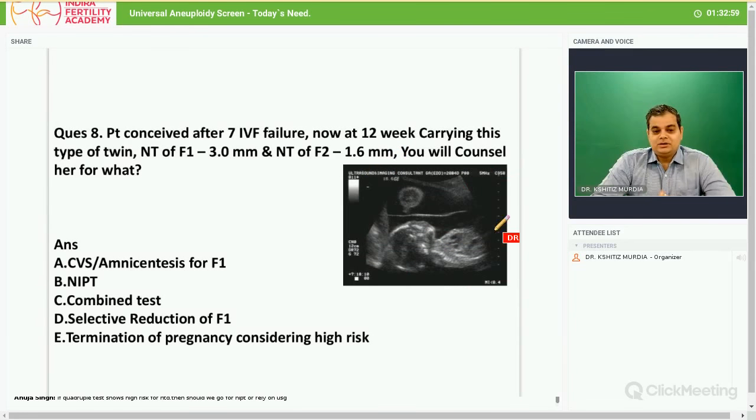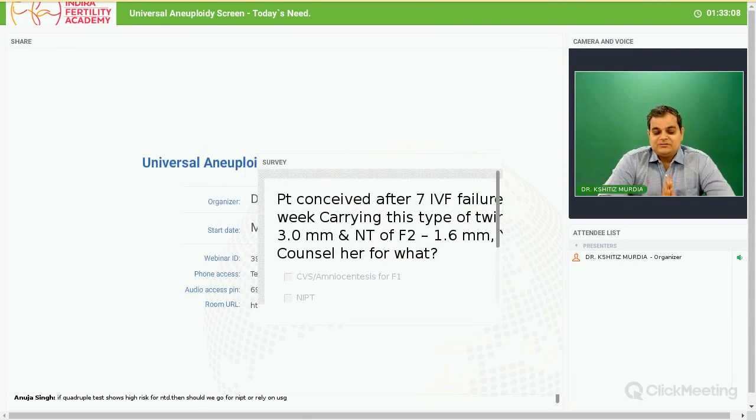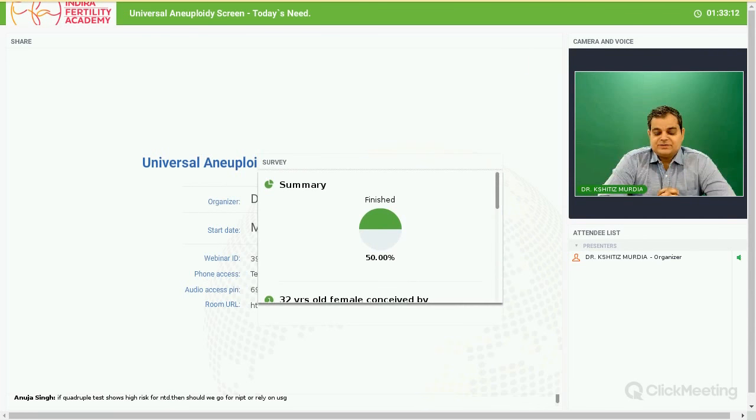I'll load a picture of this kind of screening. This is a monochorionic pregnancy. One fetus has a high NT, another fetus has a normal NT. How are you going to proceed?